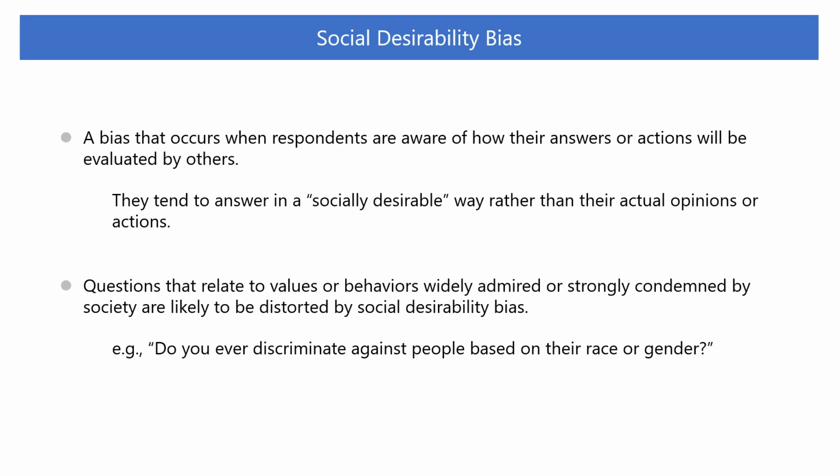For example, when asked, "Do you ever discriminate against people based on their race or gender?" even if the respondent does have prejudices or discriminatory behavior, it is common for them to answer no. The respondent chooses the socially desirable answer in order to avoid being seen as discriminatory.